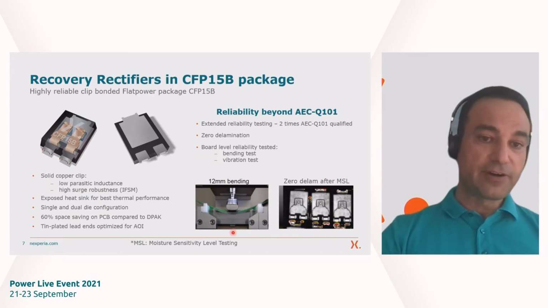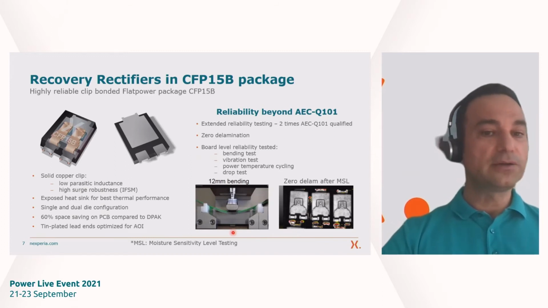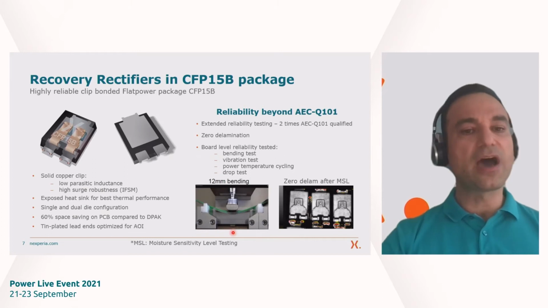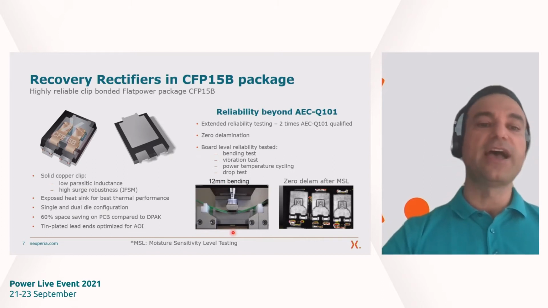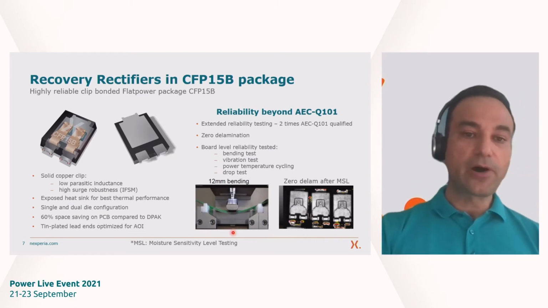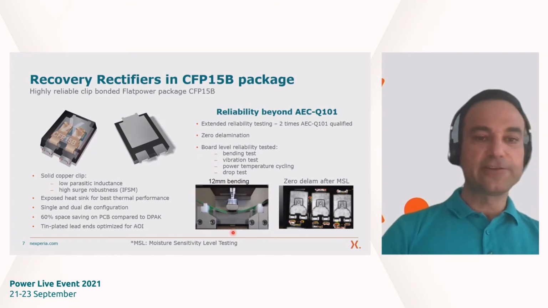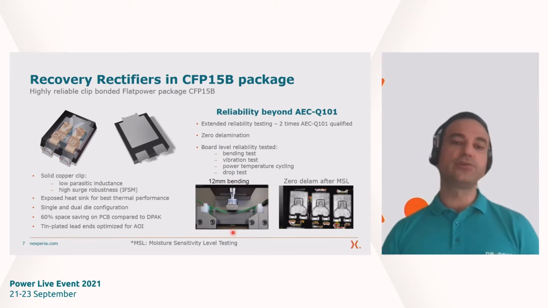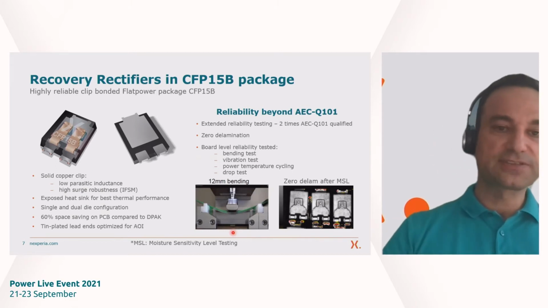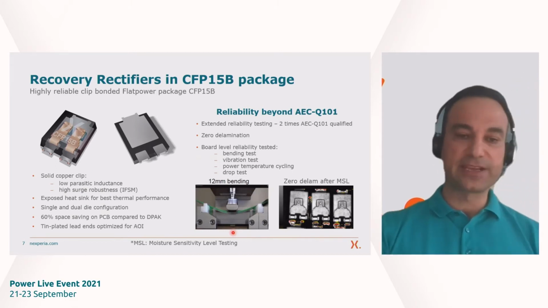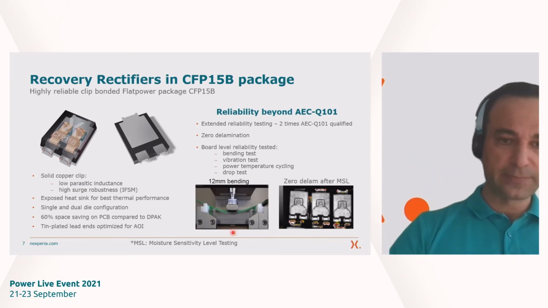We have done vibration tests, power temperature cycling, which is a very harsh requirement, by the way, and drop tests. So overall, you can see that the CFP15B package is giving you state-of-the-art board-level reliability, which is crucial for automotive applications like a solenoid driver.